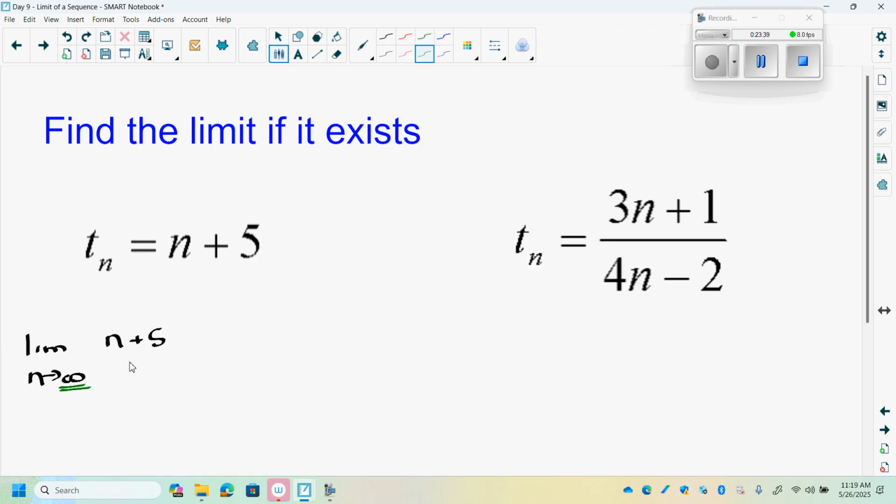In this case, if I fill a larger and larger number in for n and then add 5, this is going to blow up. It's diverging. Or the limit does not exist.